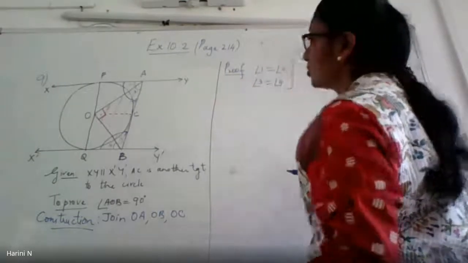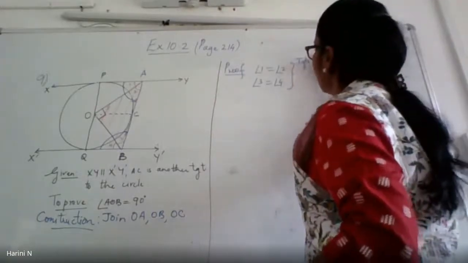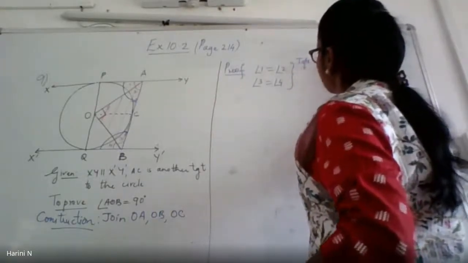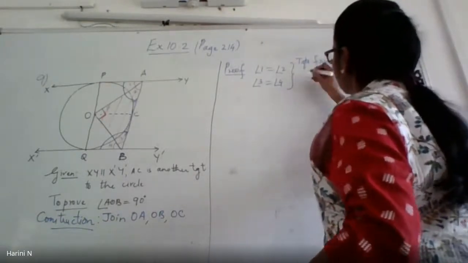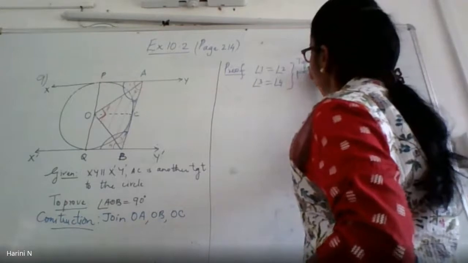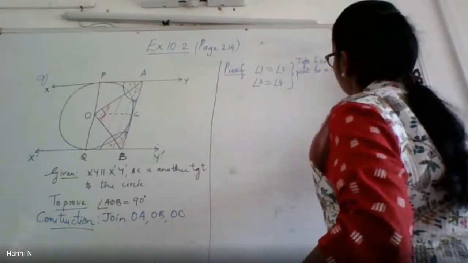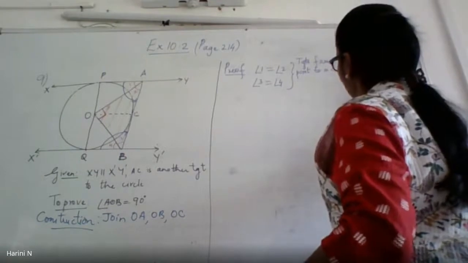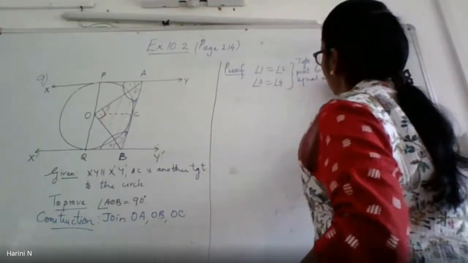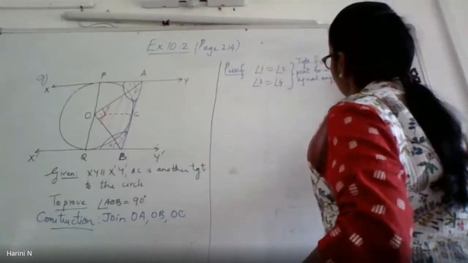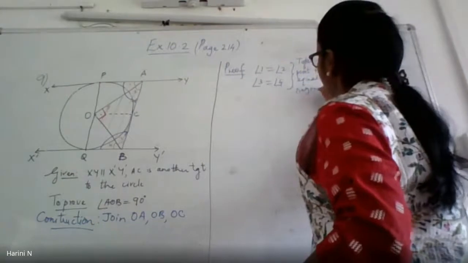The reason you will quote: tangents from an external point to a circle subtend equal angles with the segment joining the center to the point.